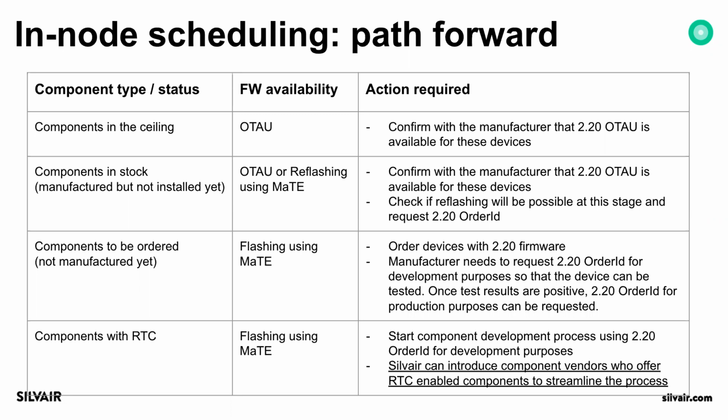If you don't want to develop a real-time clock device but would like to use it, we can also streamline the overall process by introducing you directly to a component manufacturer who will have this component available and is right now in development. So let us know directly whether you have any request like this. We will be happy to help you.